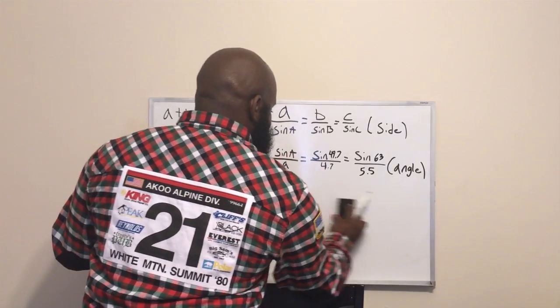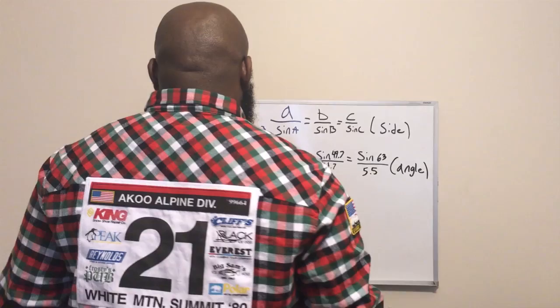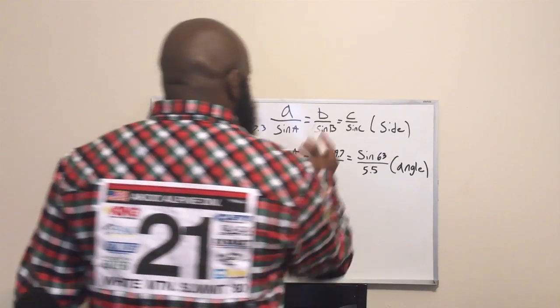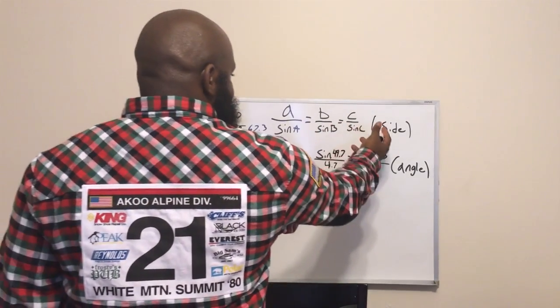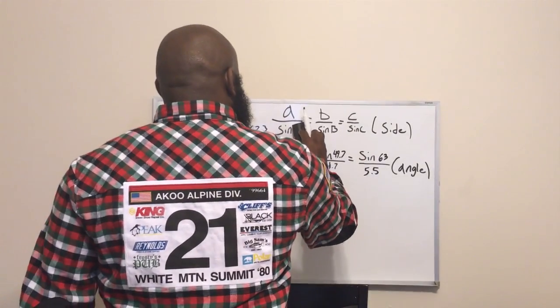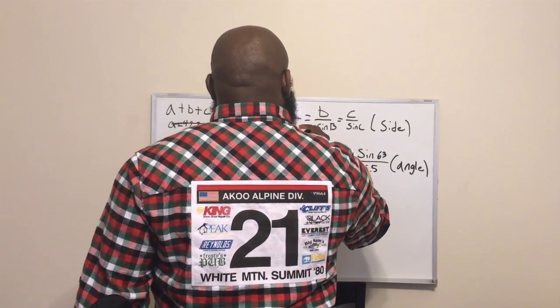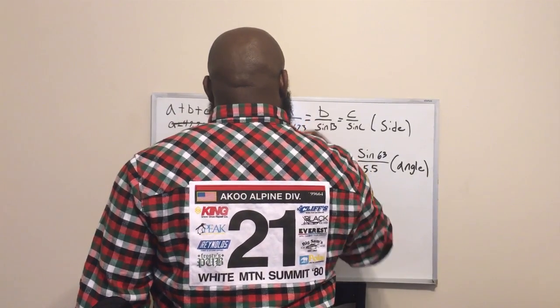Now bear with me. So we have these two sides. So let's fill in. To find the missing side, we're going to use the top one. All right. So we know that angle A is 67.3. Right.